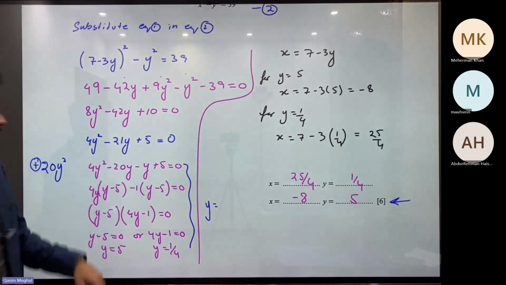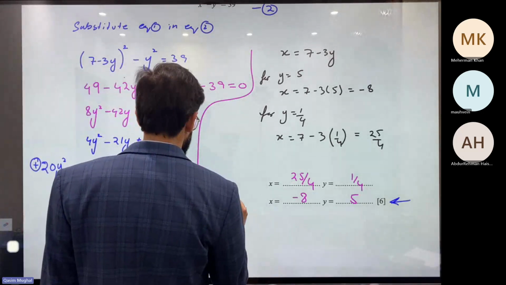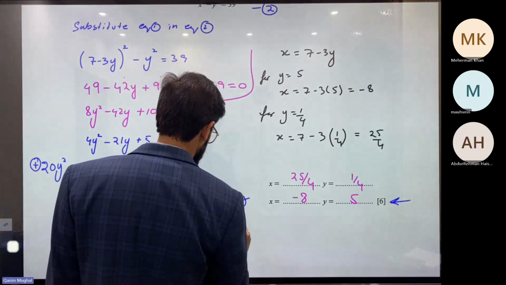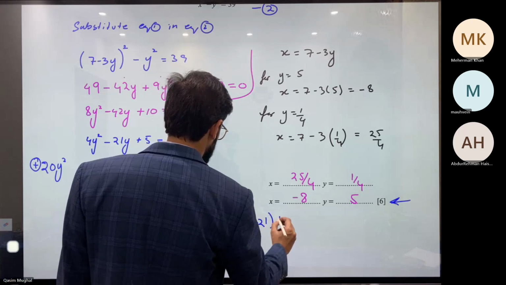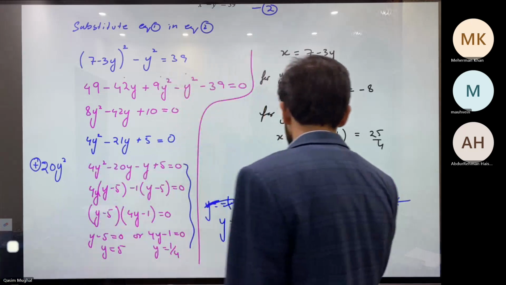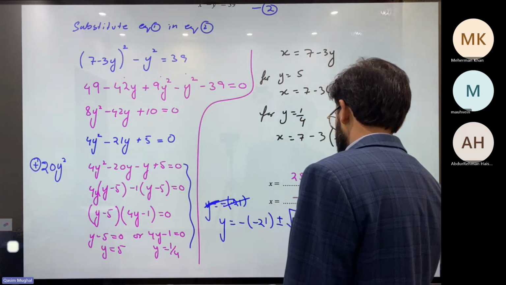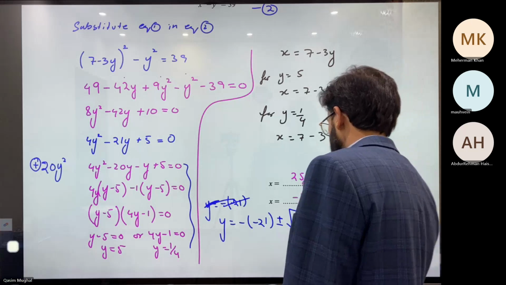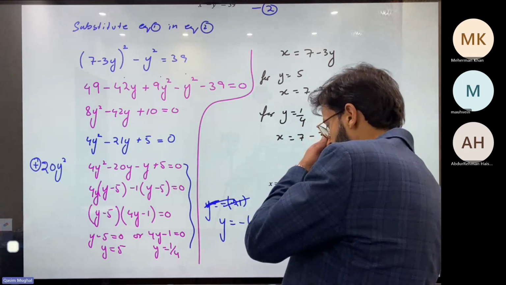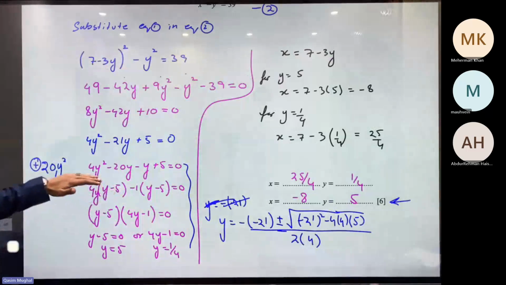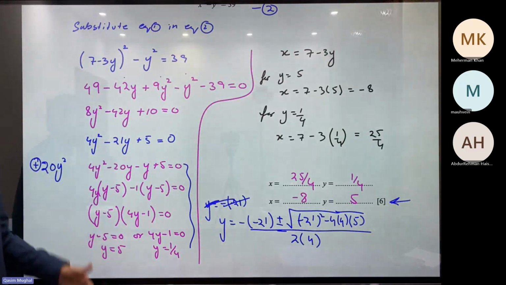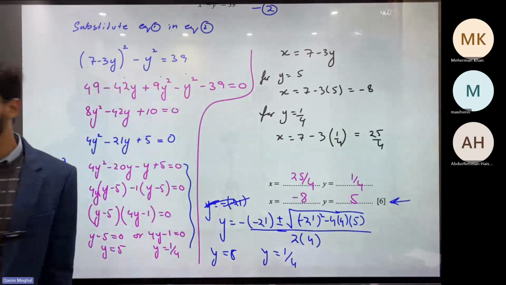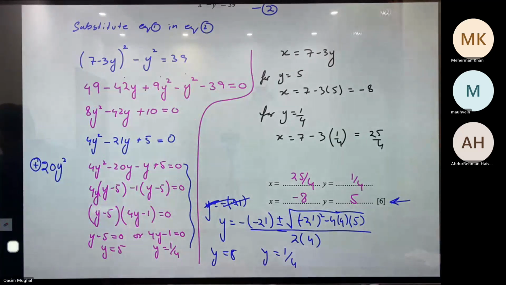So quadratic formula हो जाएगा y equals minus b plus minus square root of b squared minus 4ac whole divided by 2a. So that's one line after this. उसके बाद आप अपने जो कैलकुलेटर से सॉल्व करेंगे वो लिख लें y is equals to 5 and y is equals to 1 by 4 quadratic mode में जा रहे हैं. Clear? Okay.